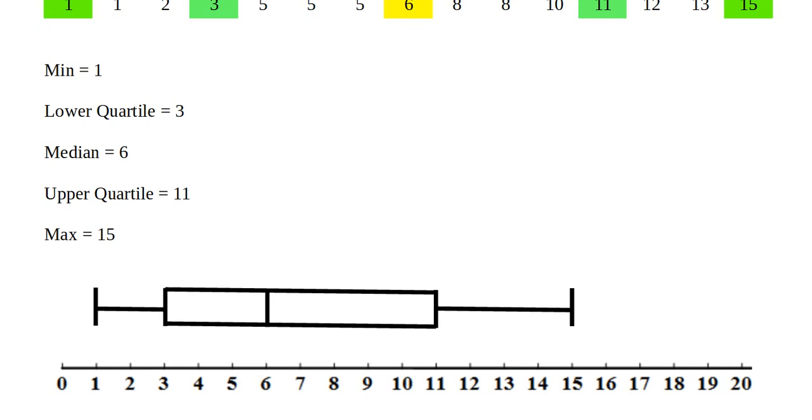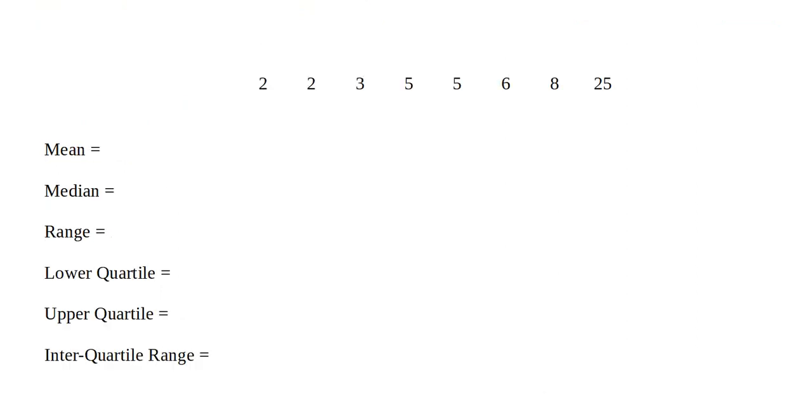I want to finish by looking at a problem that we have with averages and helping us to understand why some averages are more suitable than others. So I want you to imagine that these numbers represent something.